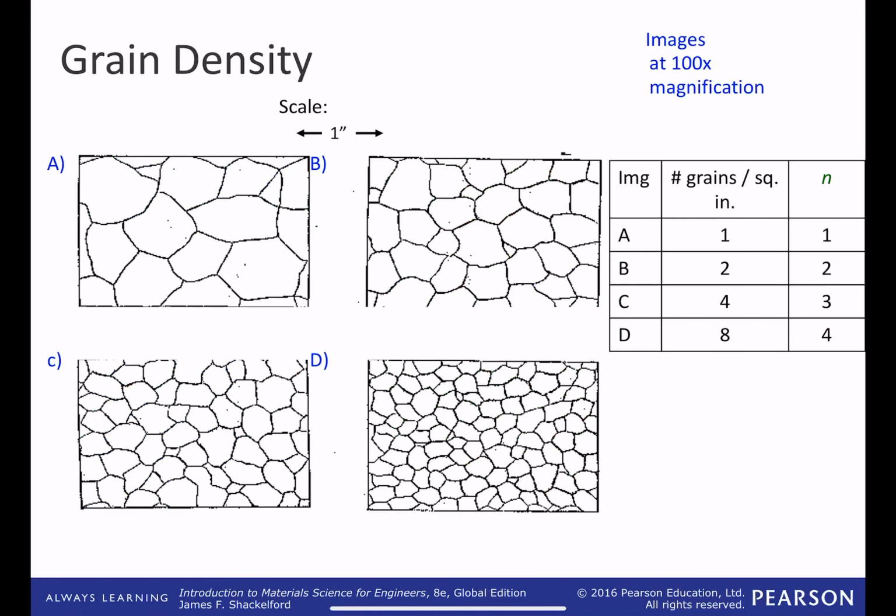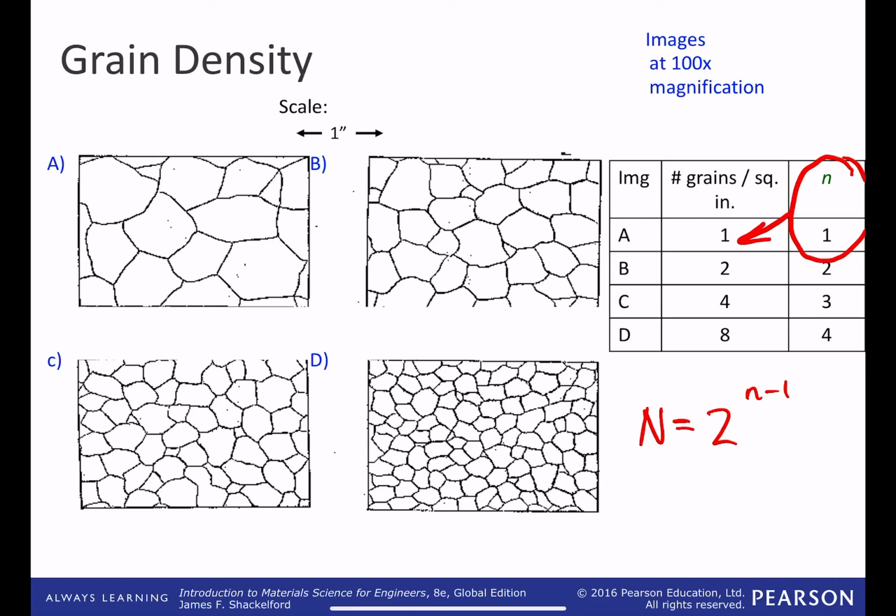Okay, so going back to what we have here, we know that the number of grains per square inch is equal to 2 to the n minus 1. And so in order to get an answer of 1 for the number of grains per square inch, the outcome for the first entry would be 1.